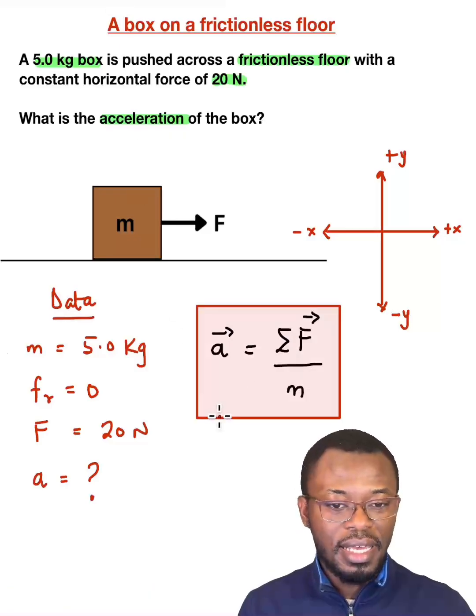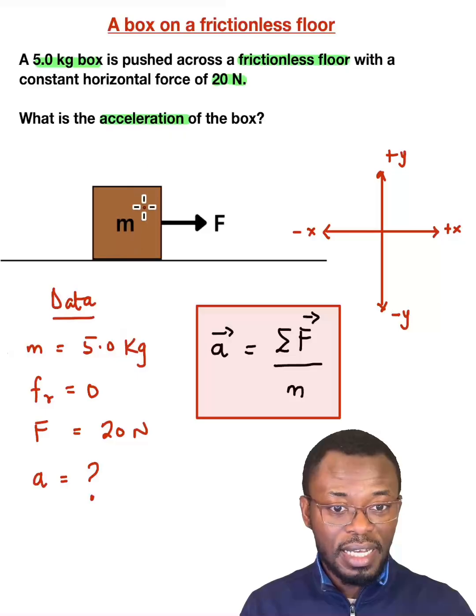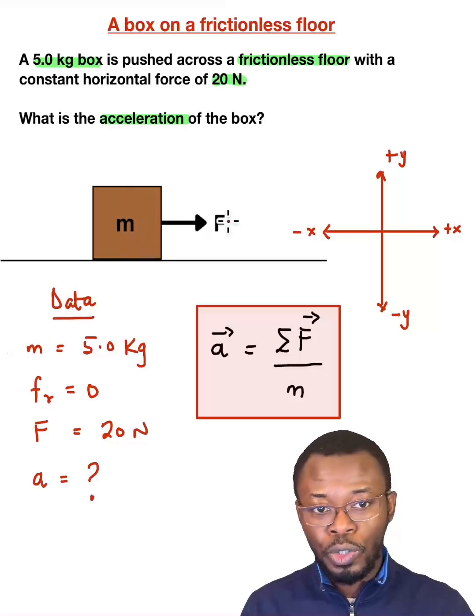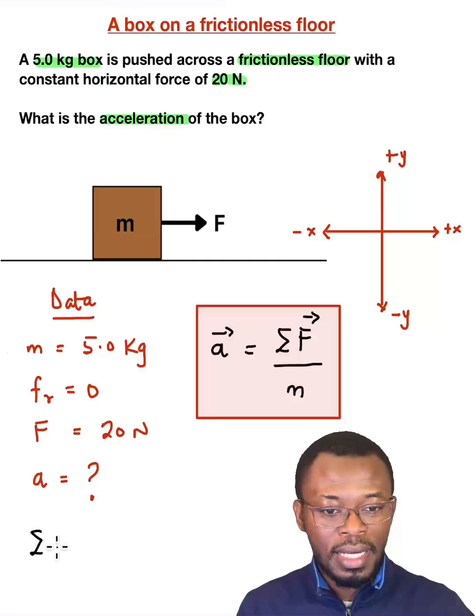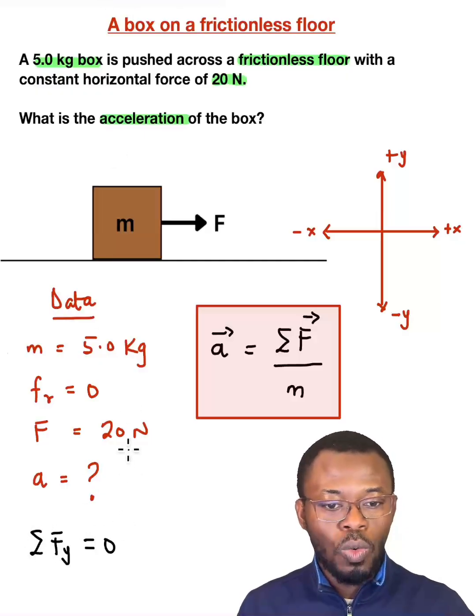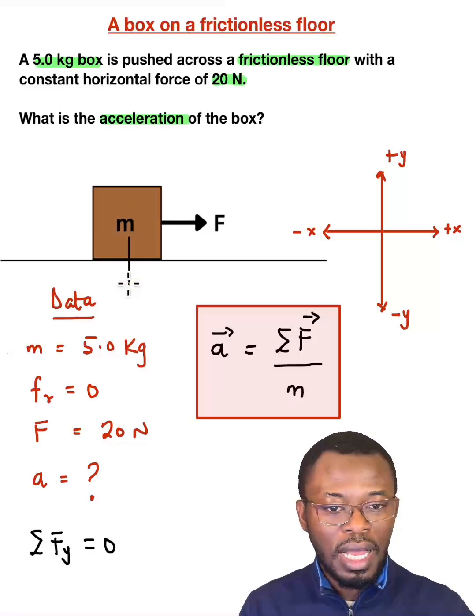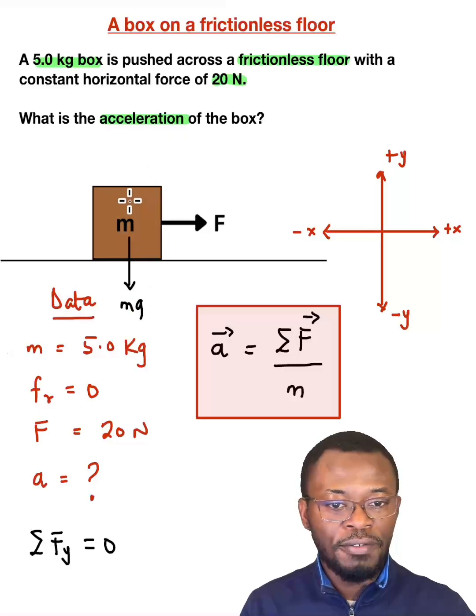Our task here is to determine this acceleration. However, this block is not moving vertically because it is just pushed horizontally along the frictionless floor. Straight away, we can say that the net force along the y-axis is equal to 0. What are these forces? There's the weight of this block acting vertically downwards, which is mg, and the normal force acting vertically upwards, which is Fn.